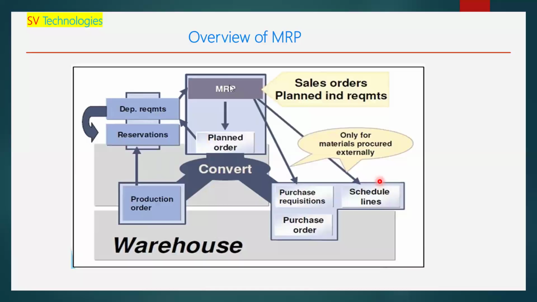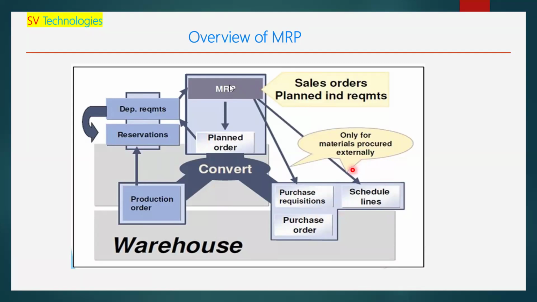For example, for the month of June, for X raw material, they have an agreement to supply 1,000 quantity. Every month, the supplier supplies the quantity as per the agreement, and they don't need to wait for a purchase order from the client. That is called a schedule agreement.